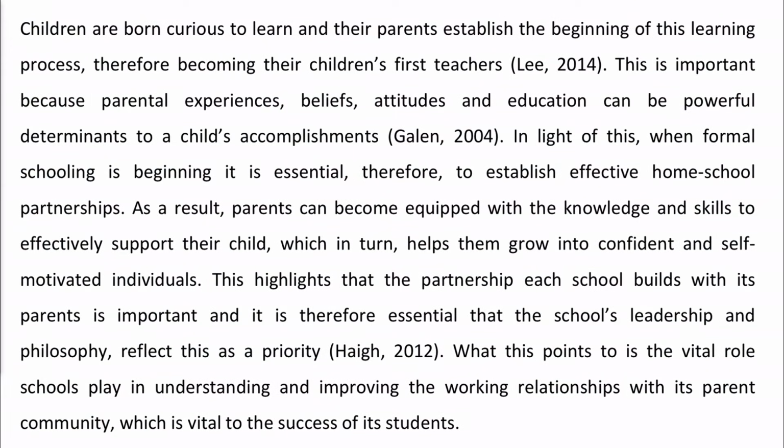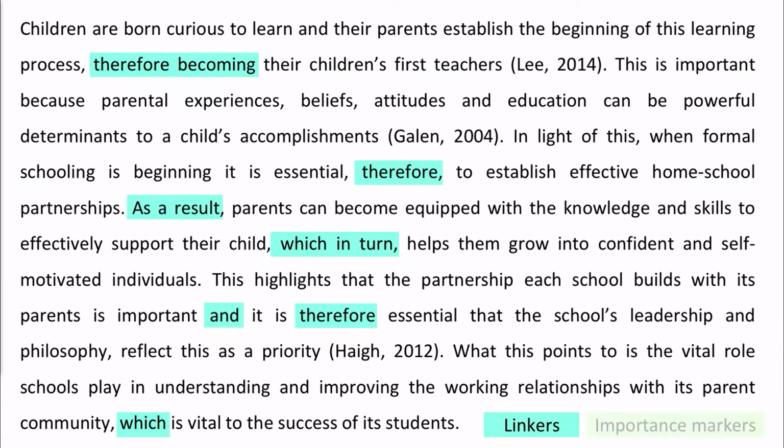Let's look at the same paragraph with some crucial differences. We have linkers serving as joining devices, joining the sentences together, providing that flow and giving us that relationship. You can see those linkers: as a result, which shows causal relationship; therefore, causal relationship; and is a linking device. We also have our importance markers, the ones that show interpretation.